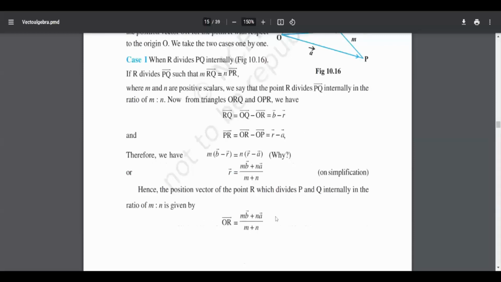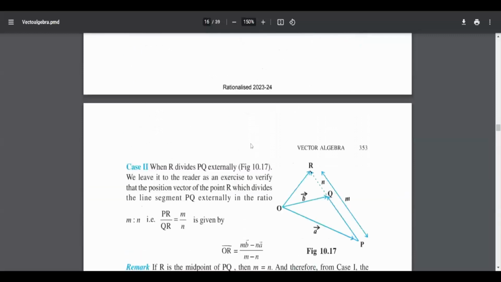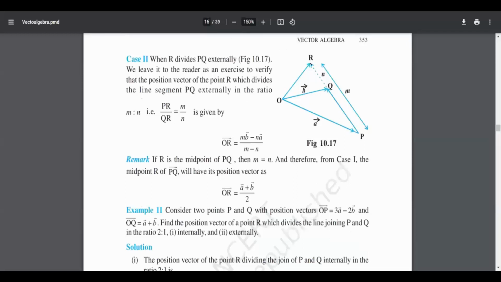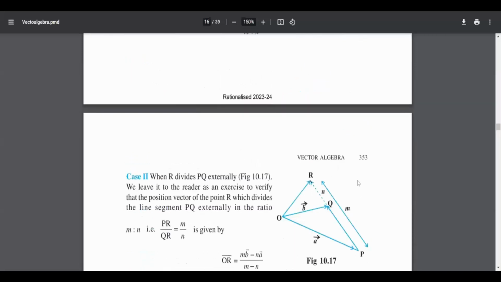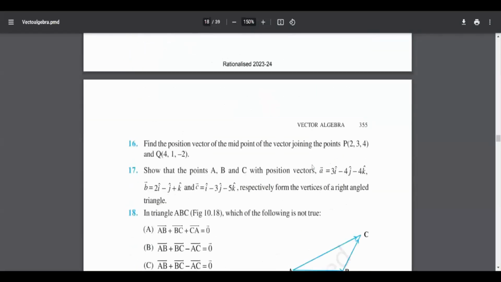Similarly, for external division, the section formula changes to m b minus n a by m minus n. You can check out the derivation in the NCERT if you need to know how the section formula came out. It is very simple. So let us move on to question number 16.